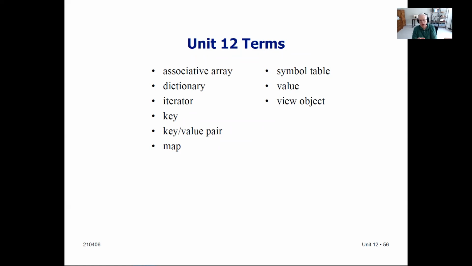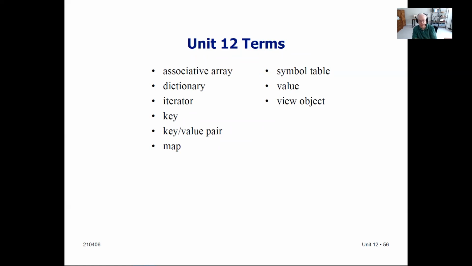Now, remember that Unit 12 is on the test that you're going to be taking on Monday, Tuesday, or Wednesday of next week. I changed the terms list from what's in the book. I added to the list map and symbol table.